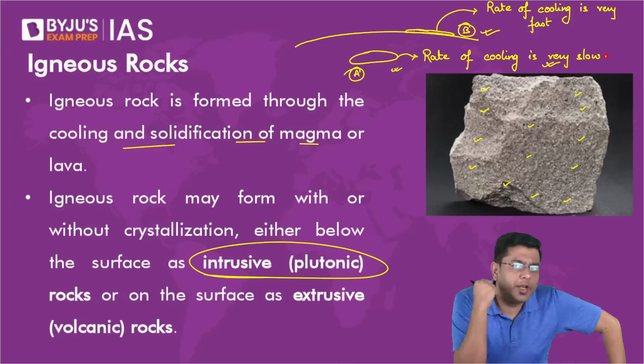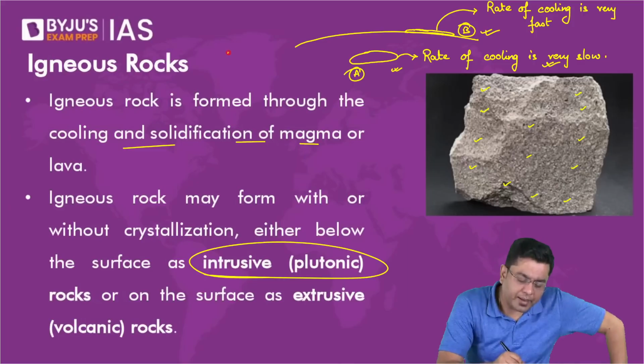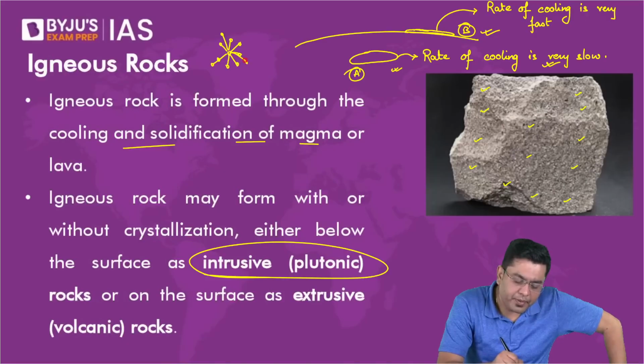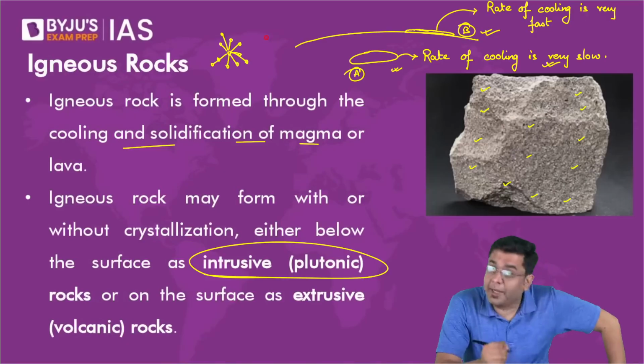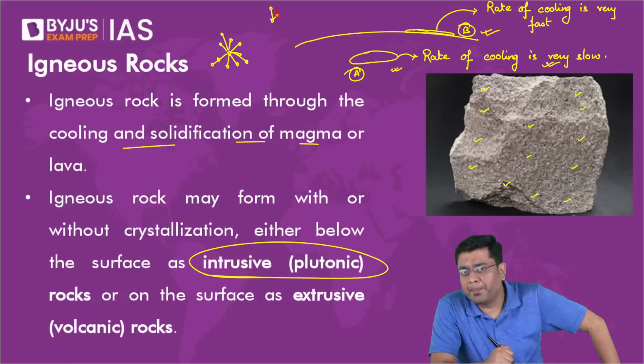Whereas when the rate of cooling is slow, each particle will develop as many bonds with the surrounding particles as possible. They will develop a bond here, here, here, here, and so on. They will keep on developing as many bonds as possible. Whereas if the rate of cooling is fast, maybe they will be attached with one particle or another, and that is it, and they will solidify.